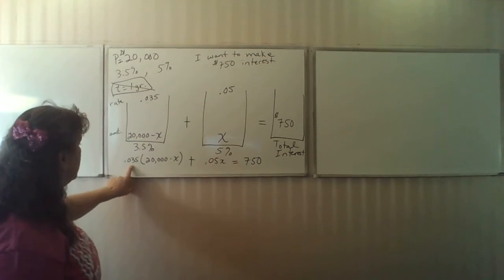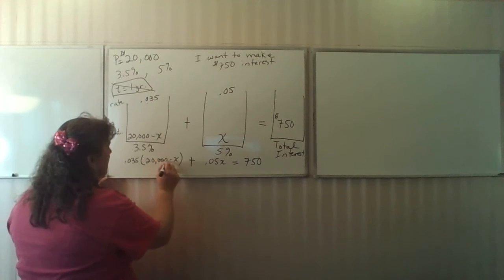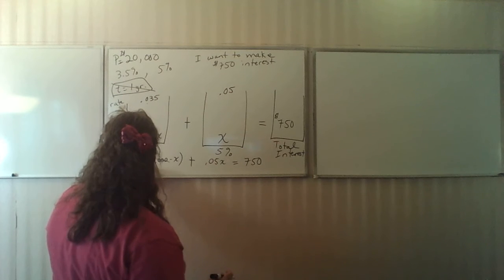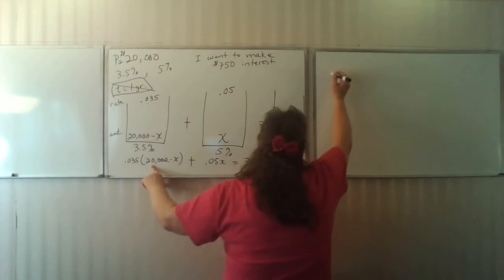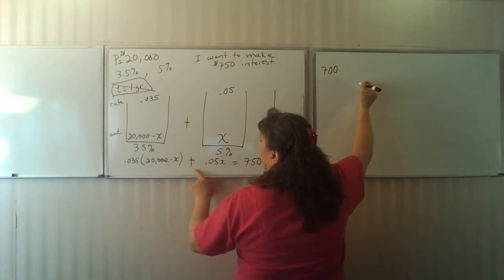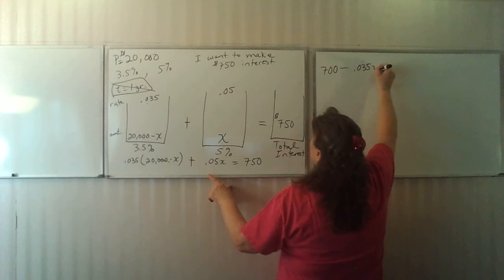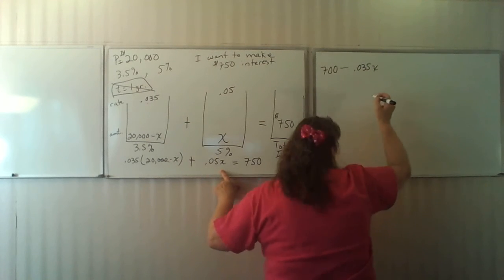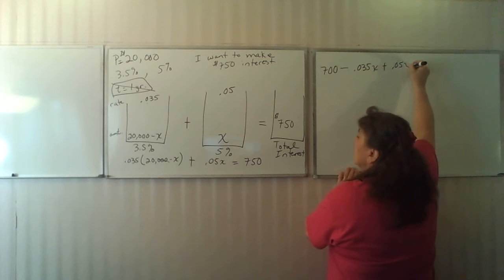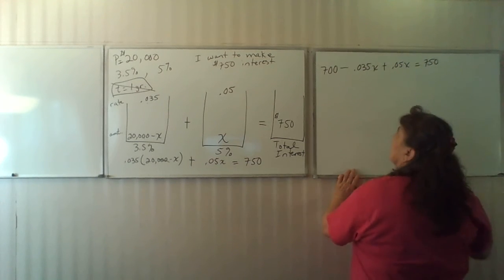Okay, using your distributive property, 35 times 20 will be 70 with 1 0. So this is 700 minus 0.035X plus 0.05X is equal to 750.